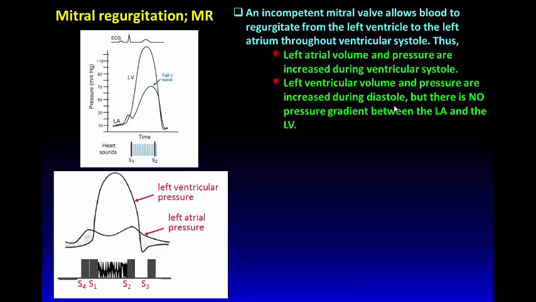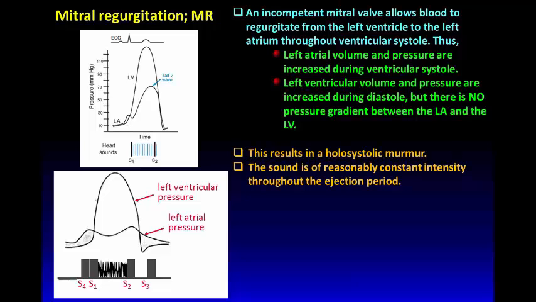So now, during ventricular systole, blood regurgitates from the left ventricle into the left atrium, and this regurgitant blood is added to the blood which has already accumulated in the left atrium. So during subsequent left ventricular diastole, the left ventricular volume and pressures are increased. However, there is no pressure gradient between the left atrium and the left ventricle.